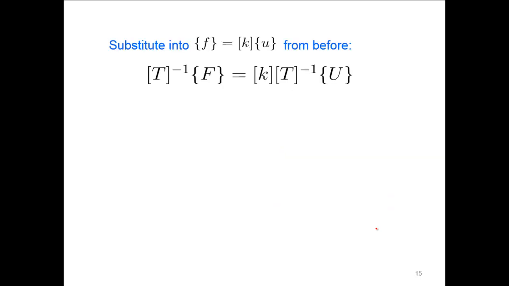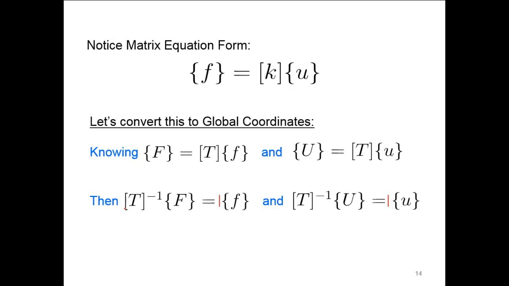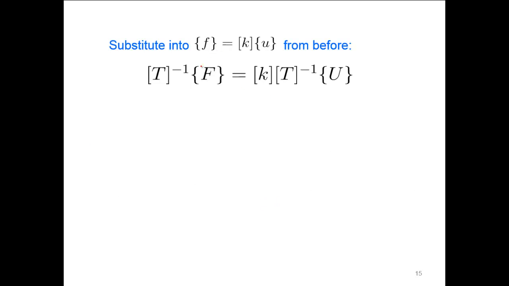All right, so if we substitute what we just saw for these two equations back into this equation up top here, F becomes the inverse of the transformation matrix times the global force equals, substituting in for the local U, the inverse of the transformation matrix times our global displacements.